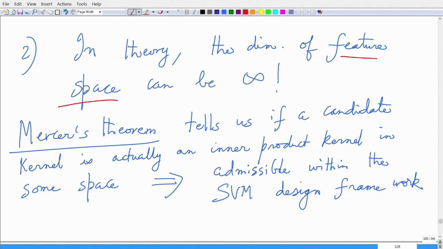So, there is something very important and useful from Mercer's theorem. Mercer's theorem tells us if a candidate kernel is actually an inner product kernel in some space, because it has to satisfy certain properties for absolute and uniform convergence. And if it satisfies the Mercer's theorem conditions, then it is admissible within the SVM design framework, and that is a very important link.